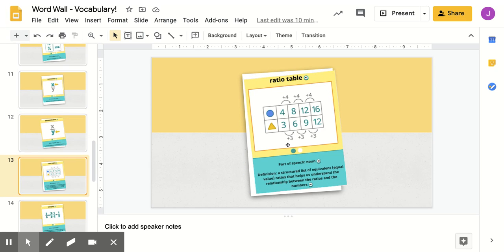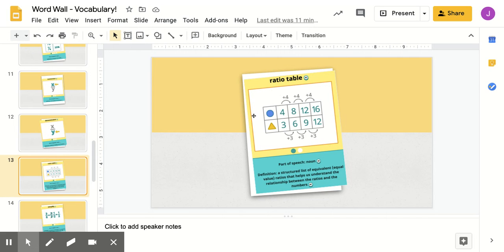And our last word is ratio table. So a ratio table is a structured list of equivalent or equal value ratios that help us understand the relationship between the ratios and the numbers.